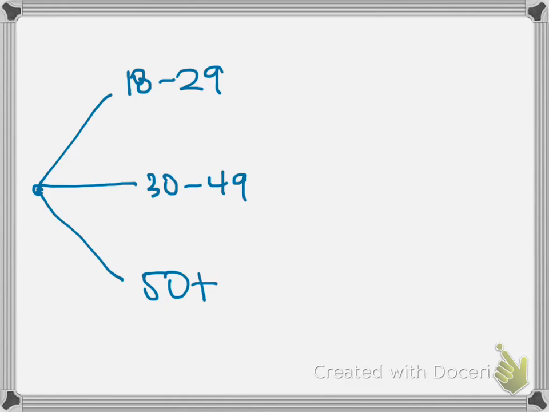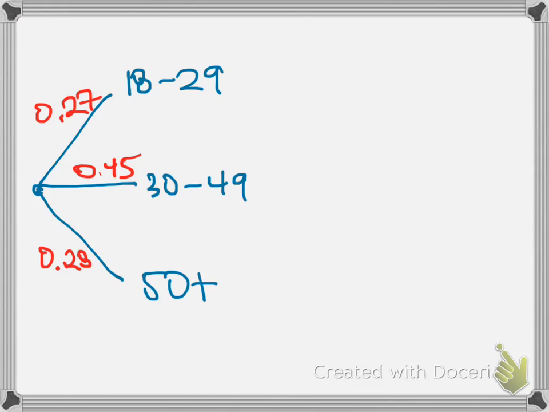Once we've got those three branches set up, the next thing we want to do is indicate the probabilities that are associated with each branch. We already said that 27% of our users were from 18 to 29. We said that 45% were between 30 and 49. And we said that 28% were over 50.